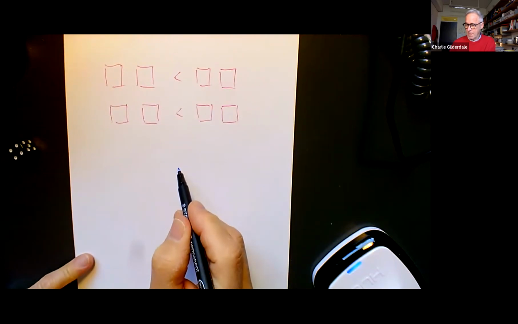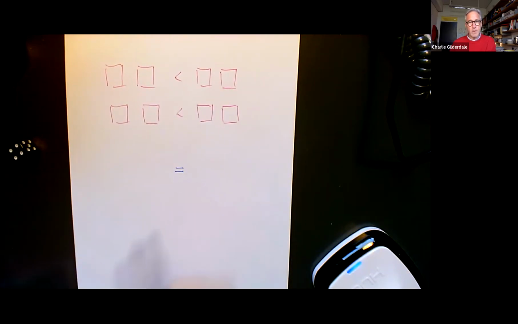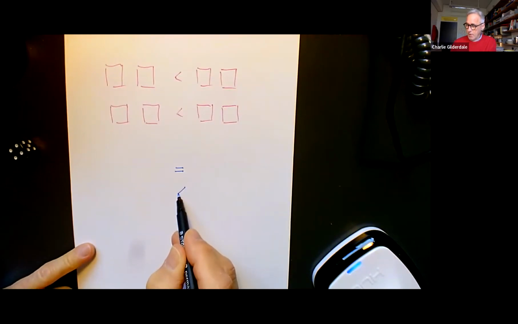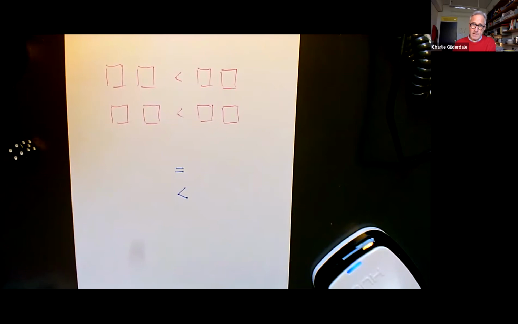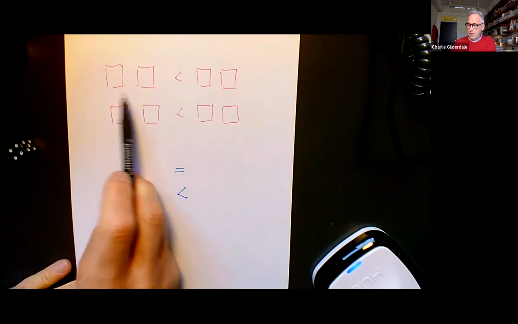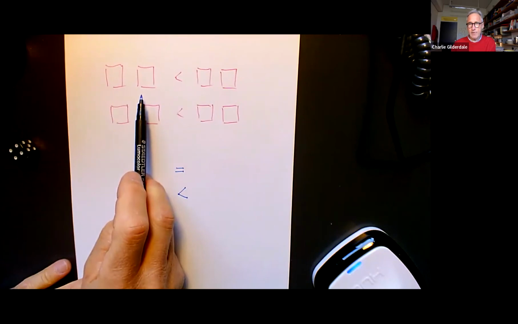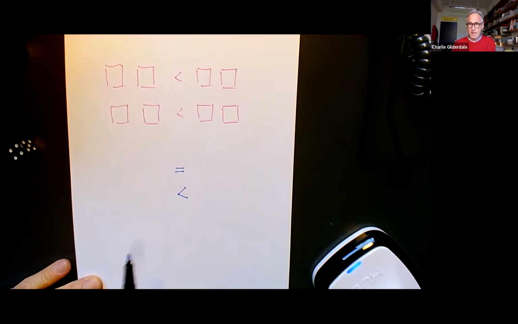A lot of people are used to knowing what an equals sign means. We are using this sign here, which means that the 2-digit number on the left has got to be smaller than the 2-digit number on the right.